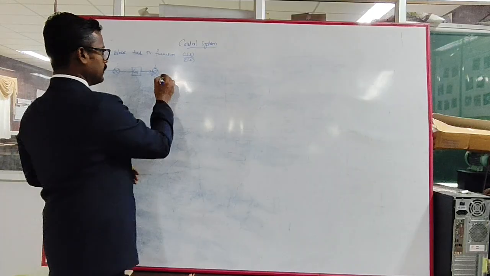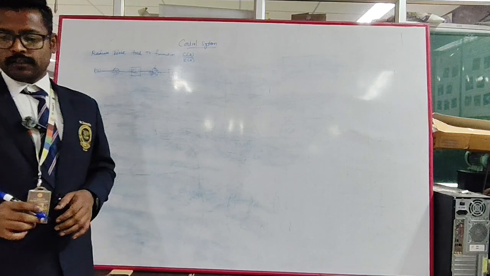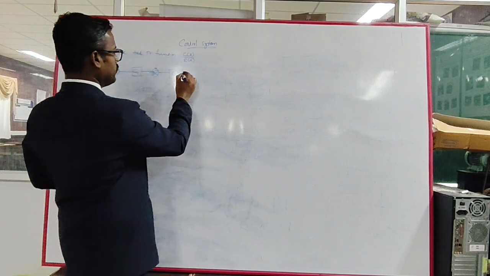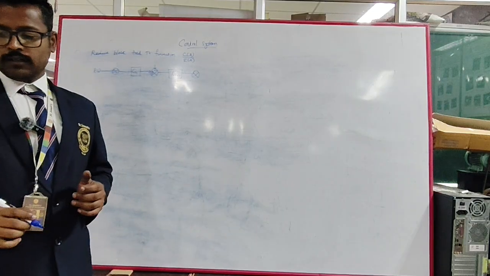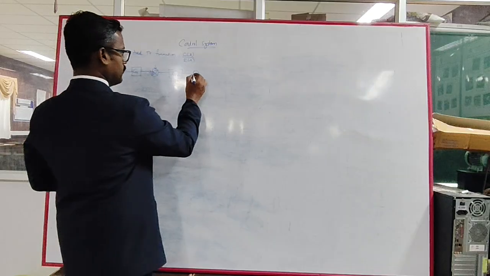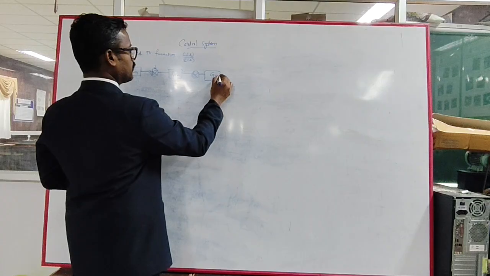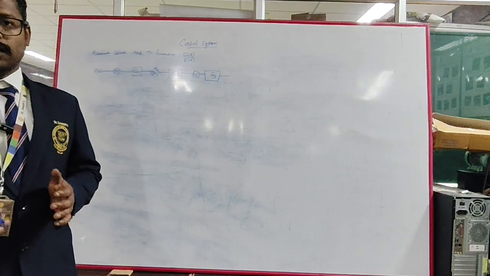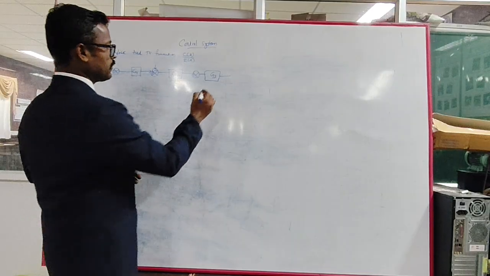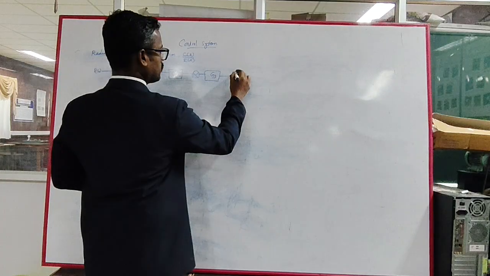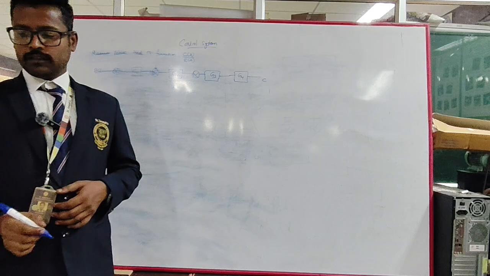Then you have another block G2. After the G2 we have another summer, and after that G3. We have another summer and the block G3, and G4, and you have C of S.